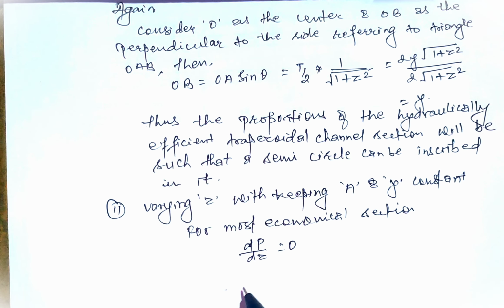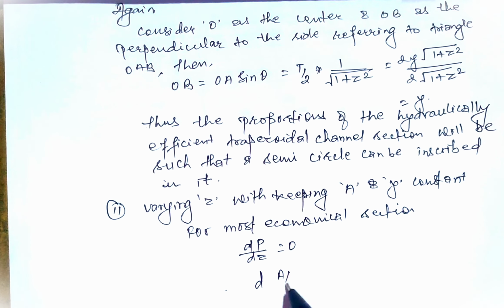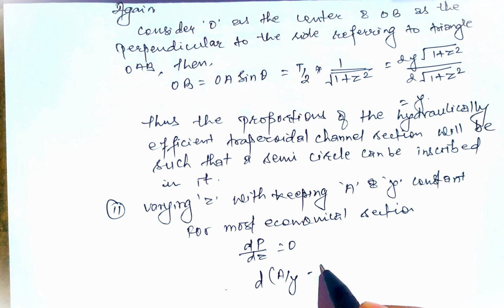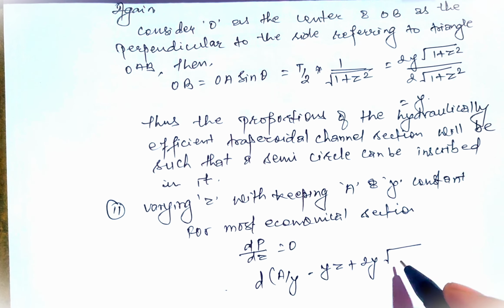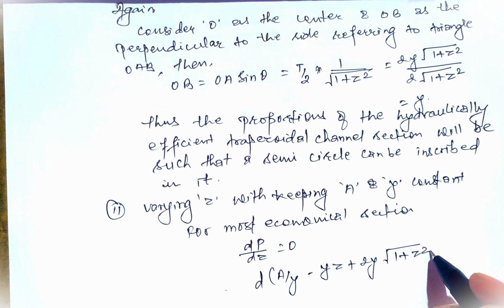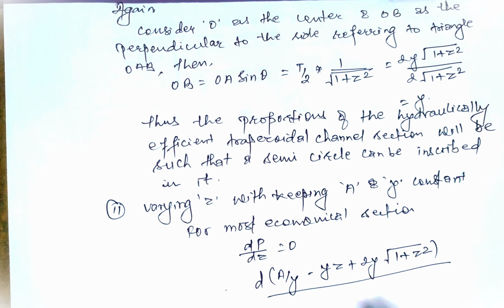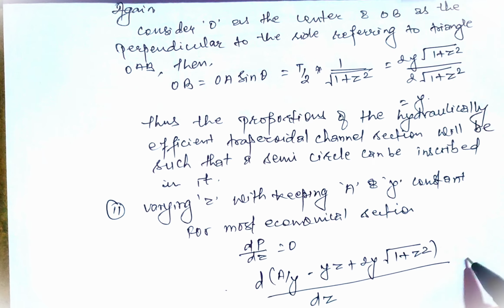Now placing the value of P, that is P is A by y minus yz plus 2y root over 1 plus z square, divided by dz equals 0.